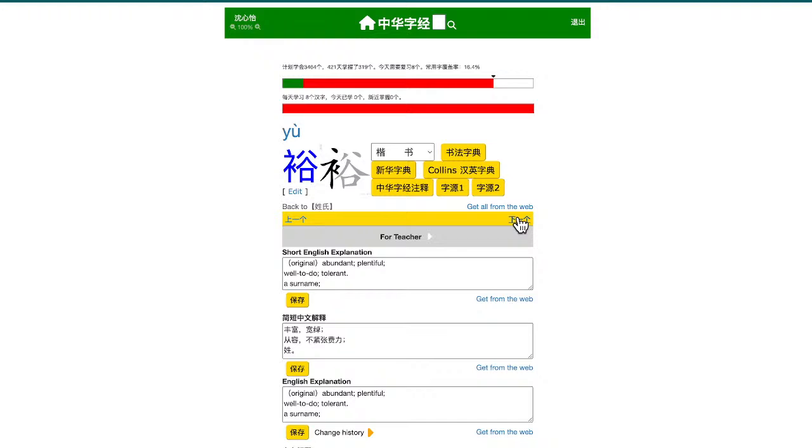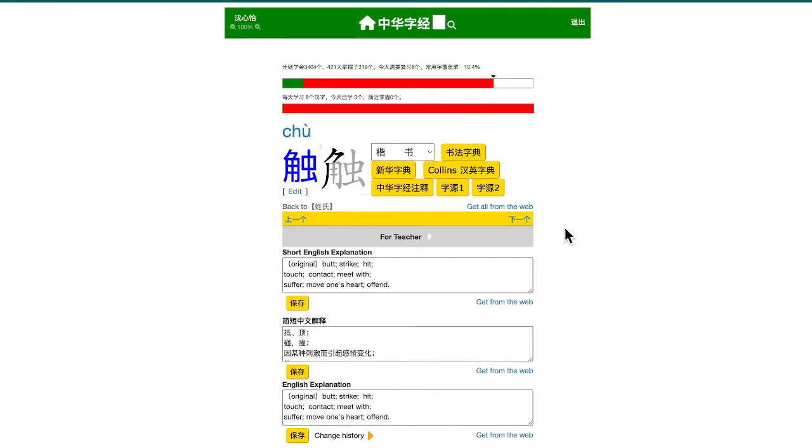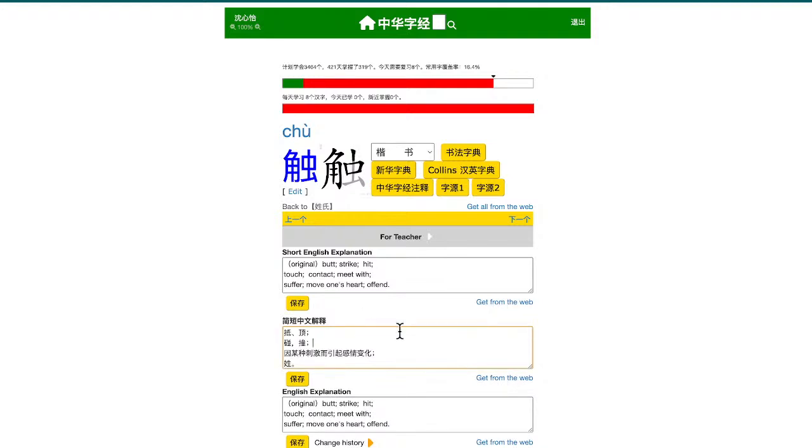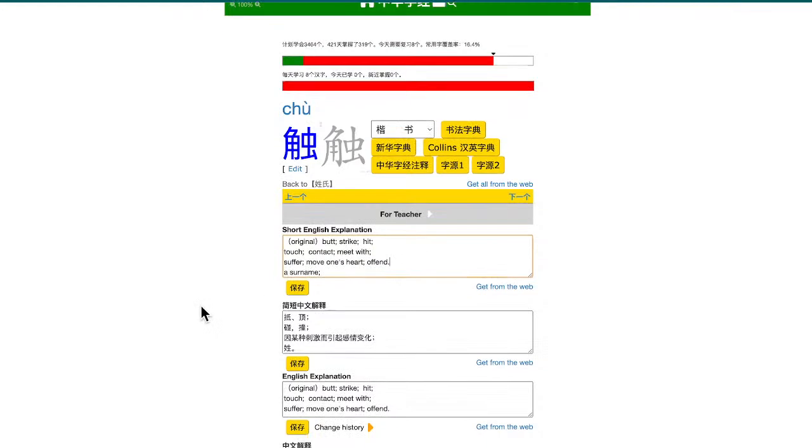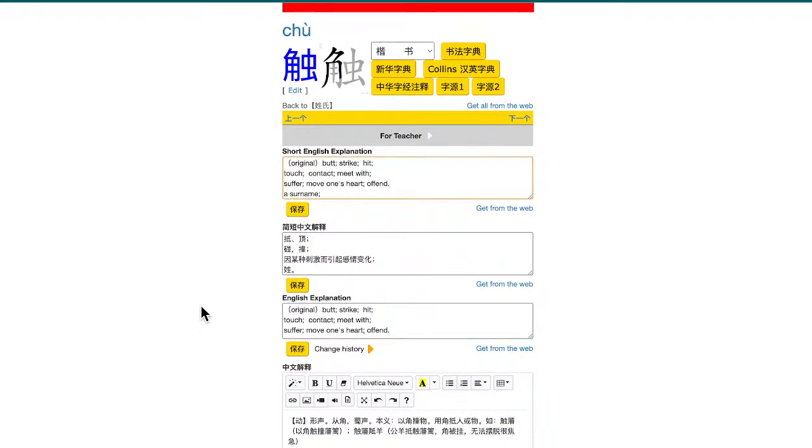Okay, next one, 处. 处 originally means strike or hit, touch. Contact, meet with. Suffer, move the heart, offend. So you can see that the very basic meaning is touch. Now touch can take many different forms, right?